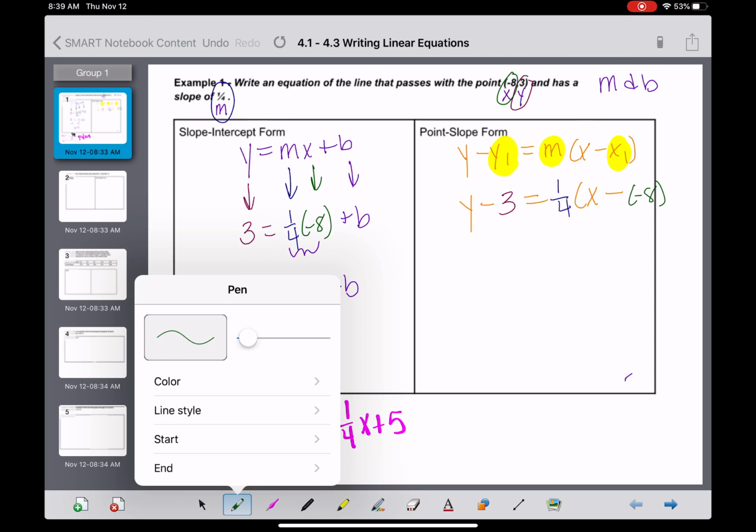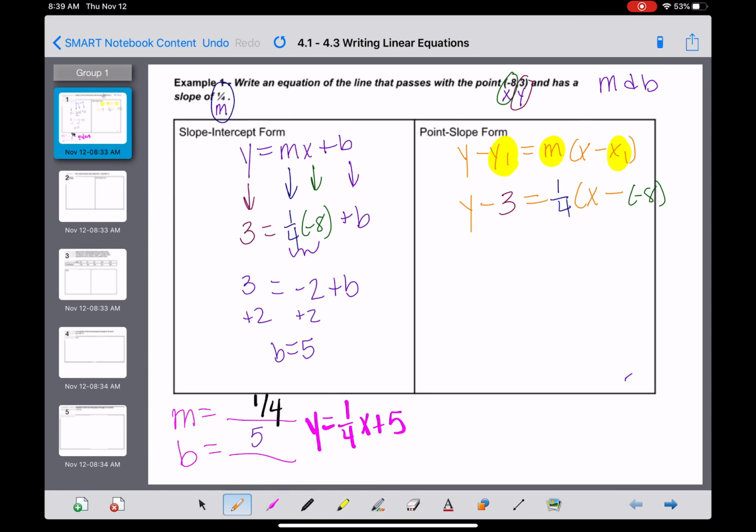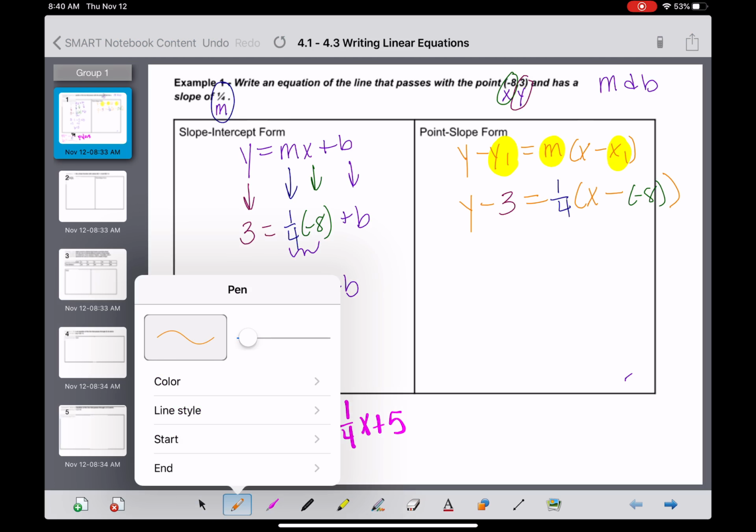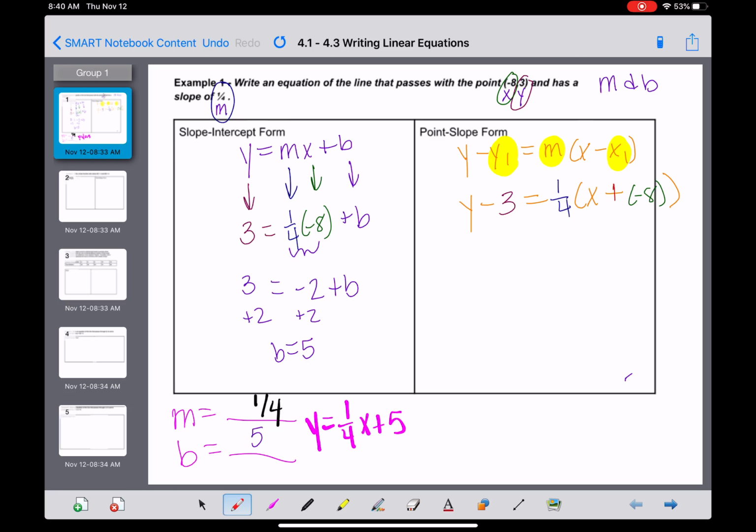The first thing I want to take care of when simplifying, overall goal to get y by itself, but before I start simplifying, I want to turn these double negatives into a positive. Then we only have 2 steps and we're done. We're going to distribute through the 1/4, so that leaves us with 1/4 x plus 2.